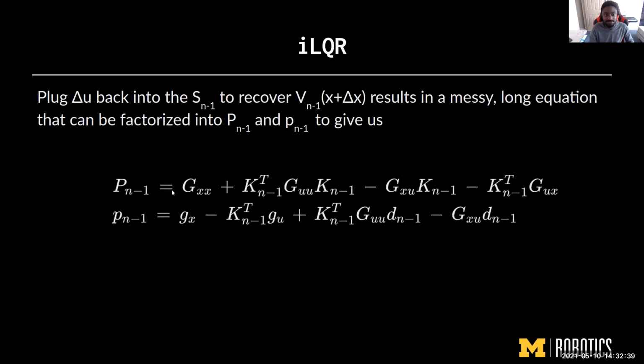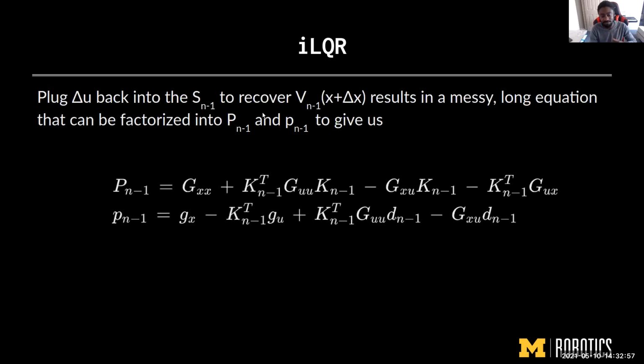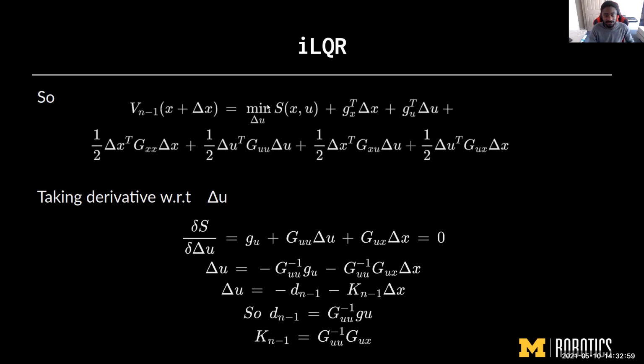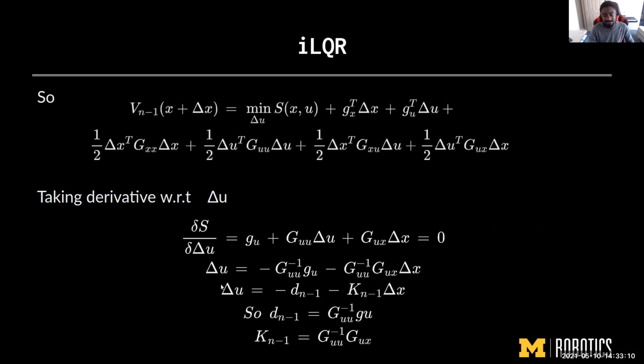And so the small p and big P could then be obtained once we have this expression for delta U. We can then put this expression for U in the cost to go function, or the value function. And looking at this factorization of the cost to go function, we factorize it in terms of small p and big P.